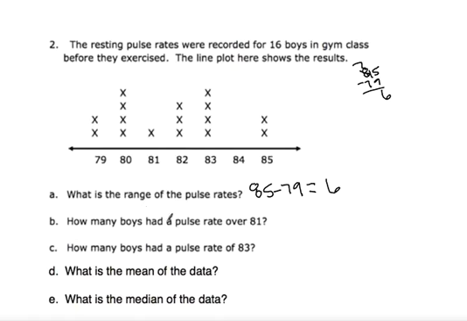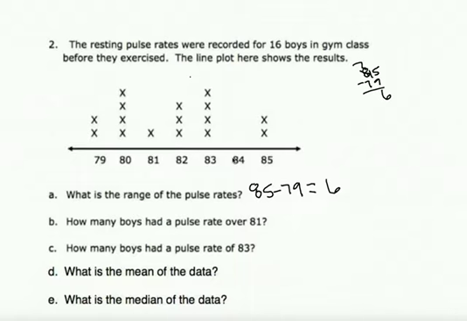B says, how many boys had a pulse rate over 81? All right, to find how many have a pulse rate over 81, we're going to count how many had a pulse rate at 82, 83, 84, and 85. So at 82, there are 3. At 83, there are 4. So that's 7. And then 2 at 85.